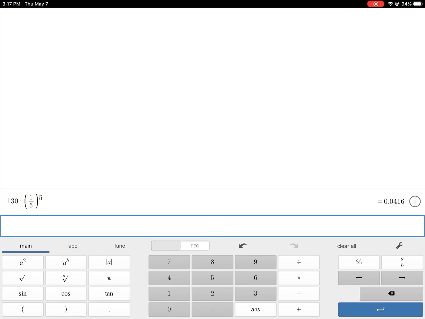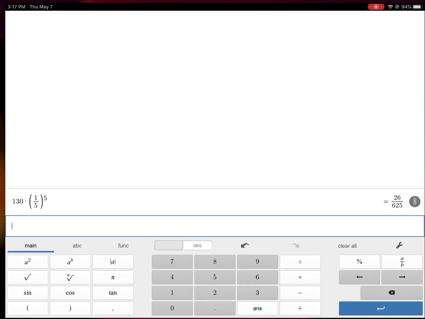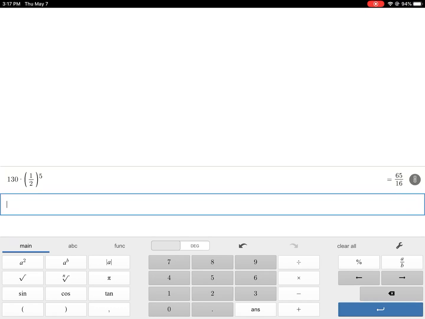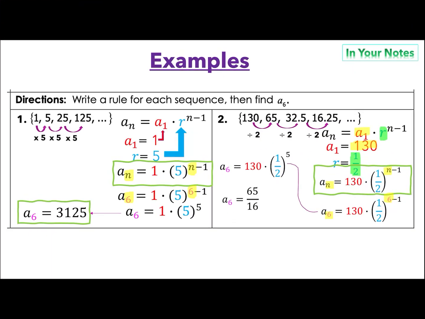Hit enter, and then hit that button to make it into a fraction. Okay, I need to change this to a 1/2. There we go. So we get 65 over 16 is our final answer. A sub 6 is 65 over 16.